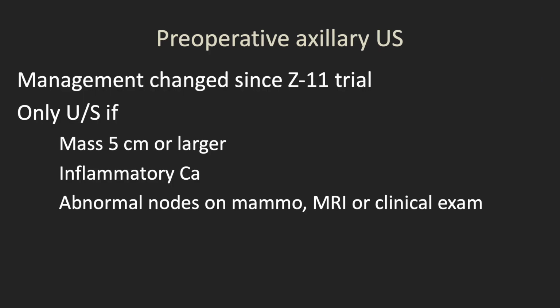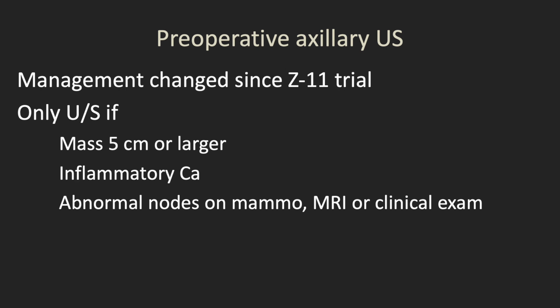Now, some centers routinely ultrasound the axilla in every patient who has a possible or diagnosed breast cancer. We don't. So what I'm about to describe to you is the policy of our breast center. This is constantly in evolution based on the results of randomized clinical trials.